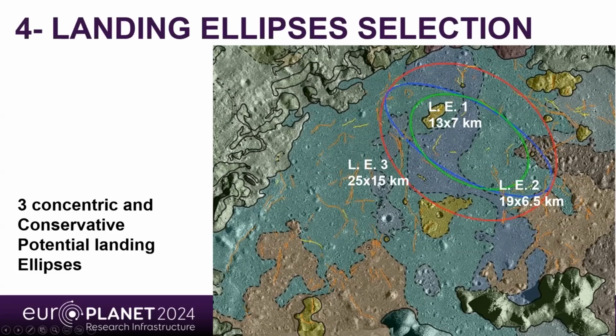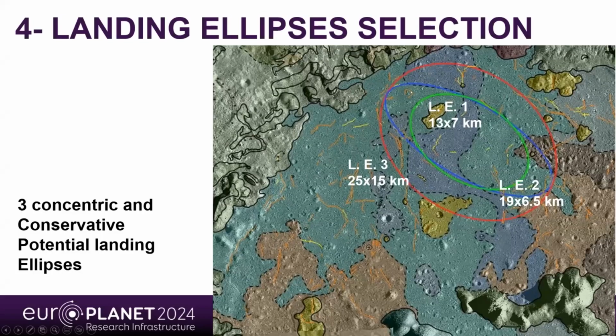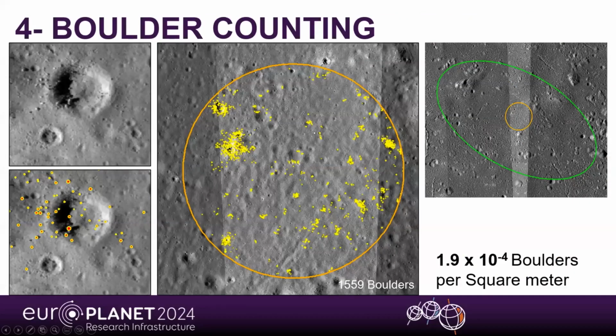One is the safest, so it is the smallest one, and then going bigger to be conservative. So if this is not working, you will land in this kind of ellipse and so on. Then inside of these areas, you can find a lot of obstacles, and so you have to map them or study them.